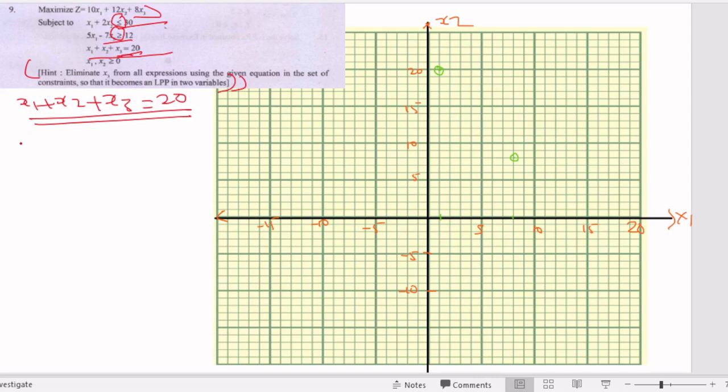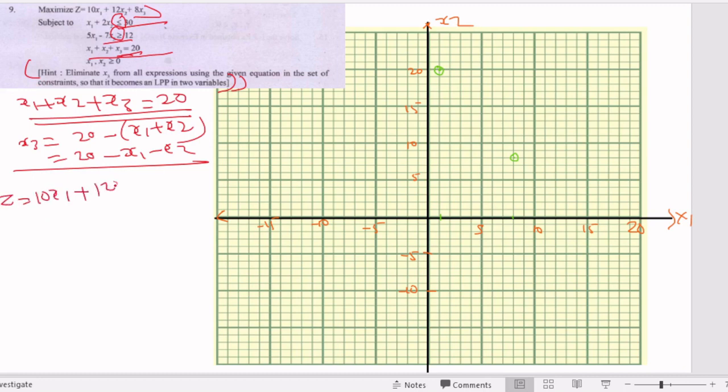So in place of the third variable x3, we can substitute 20 minus (x1 plus x2). Taking just the right side and removing the bracket, it will be this way. So wherever we have x3 in the equations, you have to substitute 20 minus x1 minus x2 in place of x3. So let's see z first. Z is given as 10x1 plus 12x2 plus 8x3.